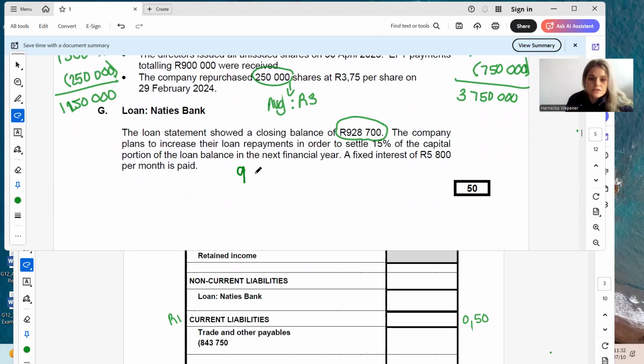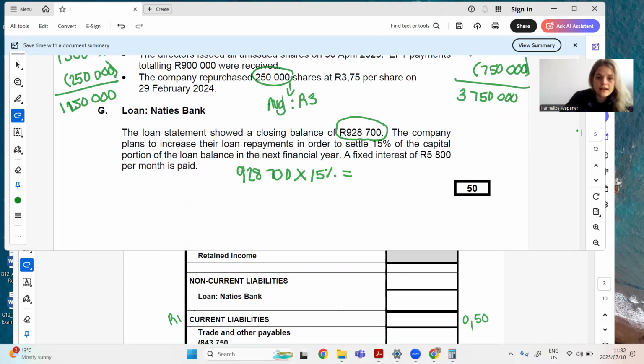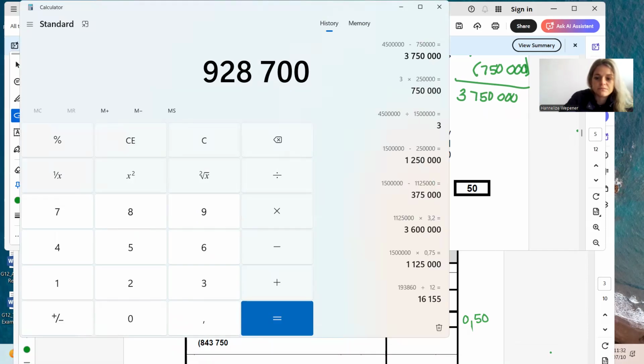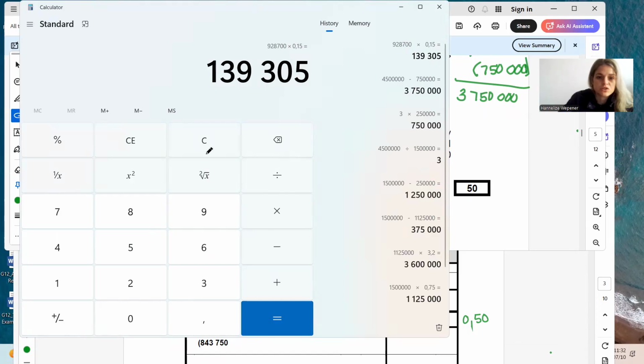So in other words, we have a current portion of loan. Of this amount that's still outstanding, we want to pay 15% in the next financial year. And that means that 15% of your total loan amount will then be your current portion of loan.